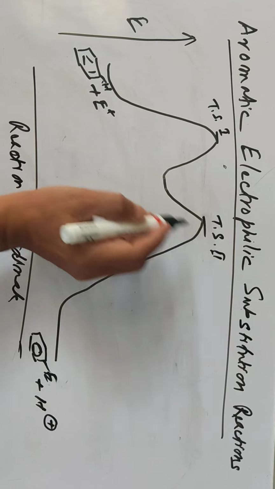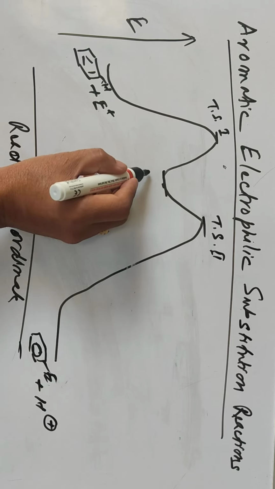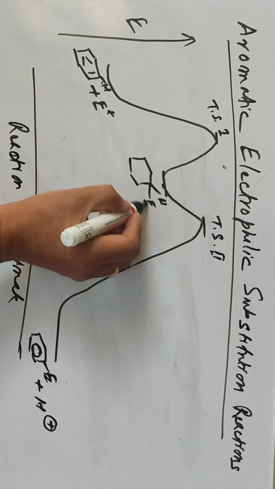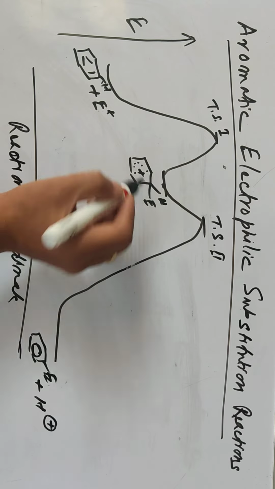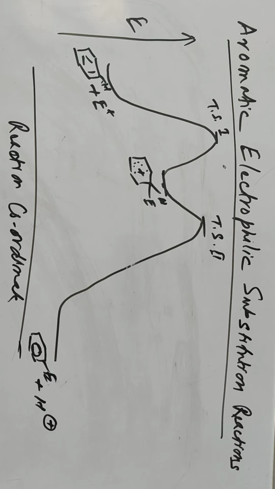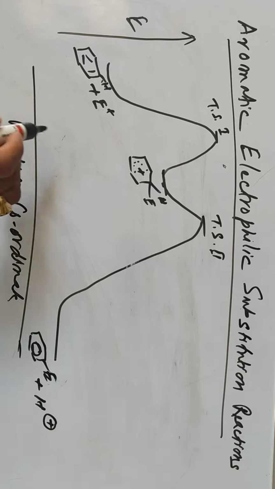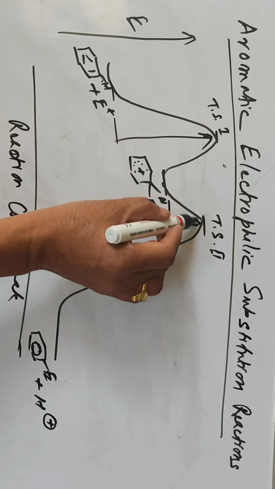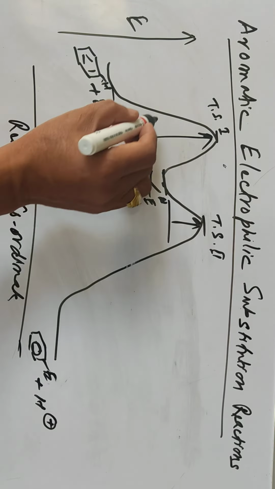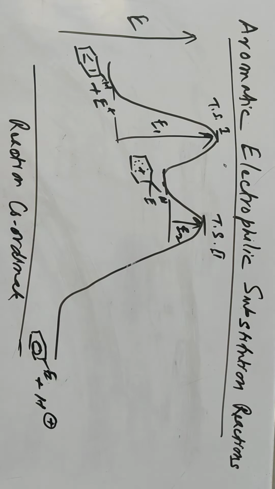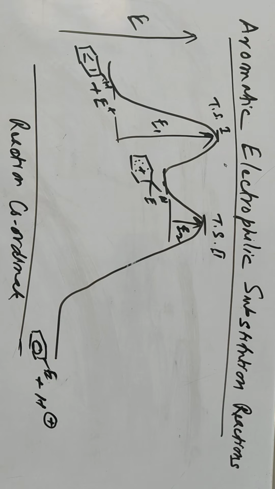Between them is the carbocation intermediate. So this is the reaction profile, the energy profile of the aromatic electrophilic substitution reactions. You can have energy levels, E1, E2, and delta E, like this. So this is the energy profile of the aromatic substitution reactions.